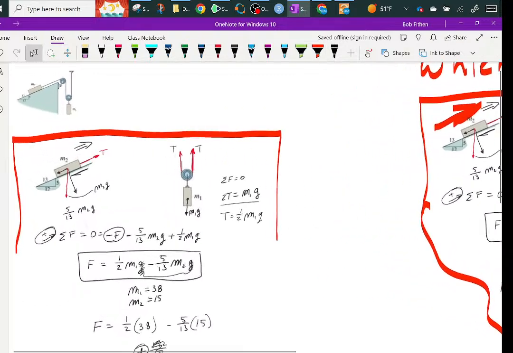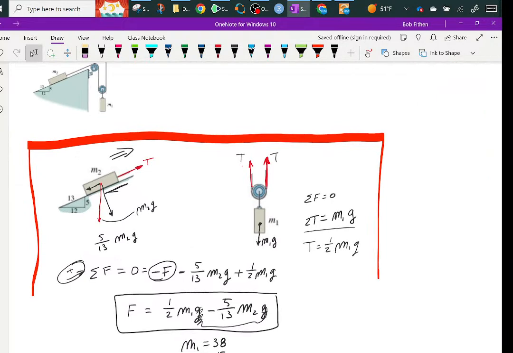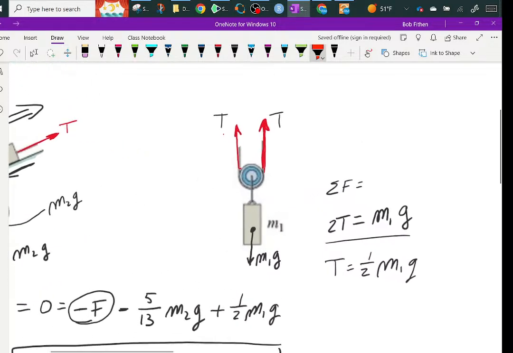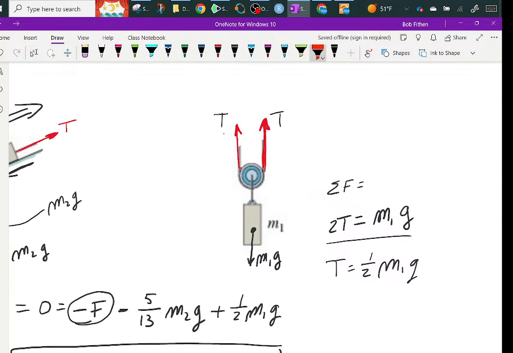So now that I have that, since I already have my free body diagram, I can go back here and take this off, take this off, take that off. I can work on the right, and on the right, I'll assume this direction is positive, because now I know it's going to go falling down, and I'll say M1 times acceleration.